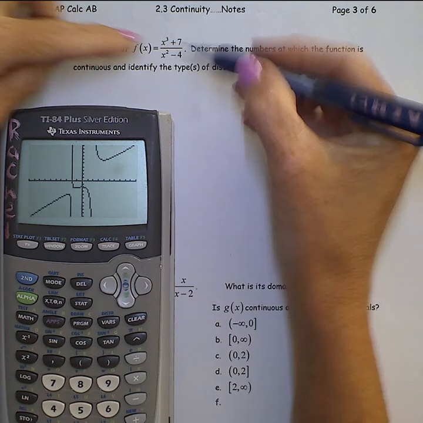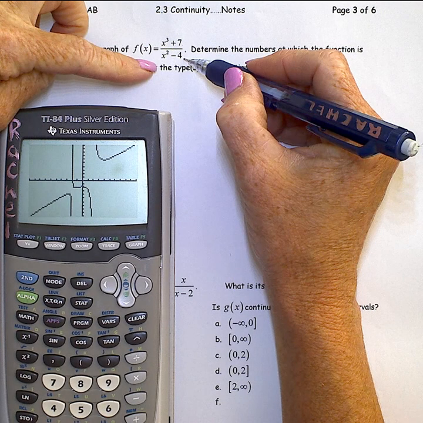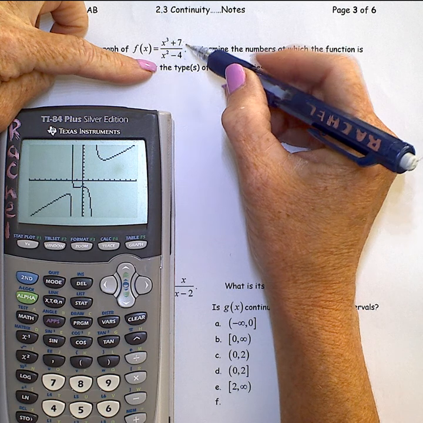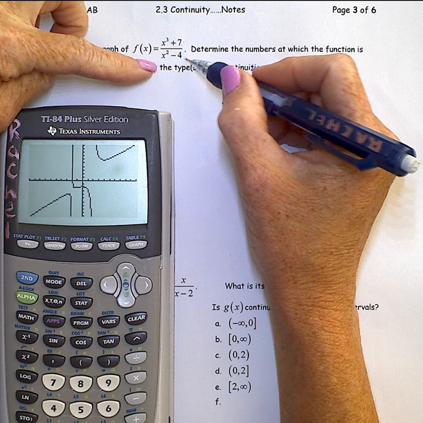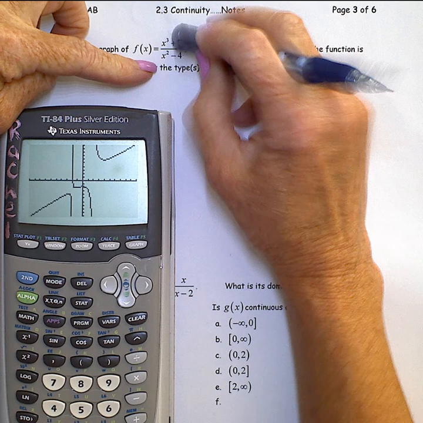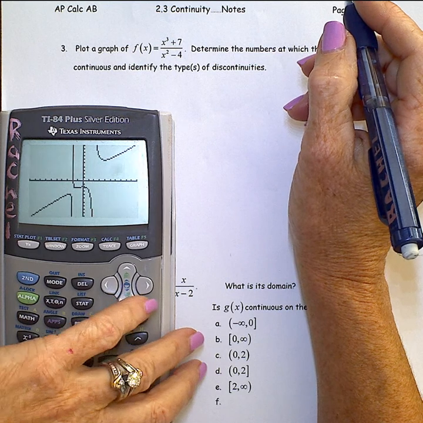Clearly the numerator is not going to factor. The denominator will factor into x plus 2 times x minus 2. Since the numerator wouldn't factor, those factors in the denominator, x plus 2 and x minus 2, are not going to cancel out. So we have vertical asymptotes at x equals 2 and at x equals negative 2.